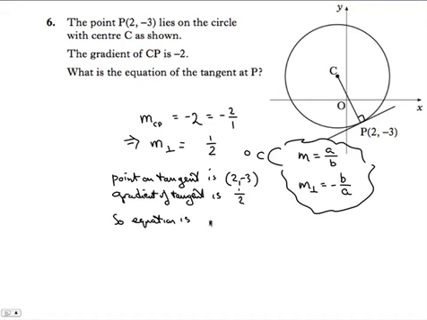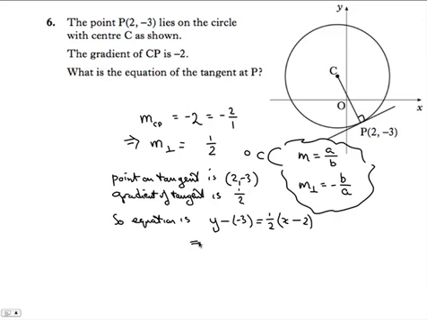Remember from what we said earlier, it's y minus b, that's the y coordinate of the point on the line, so that's y minus negative 3 equals the gradient, m, that's 1/2, times x minus a, that's the x coordinate of the point that we know.